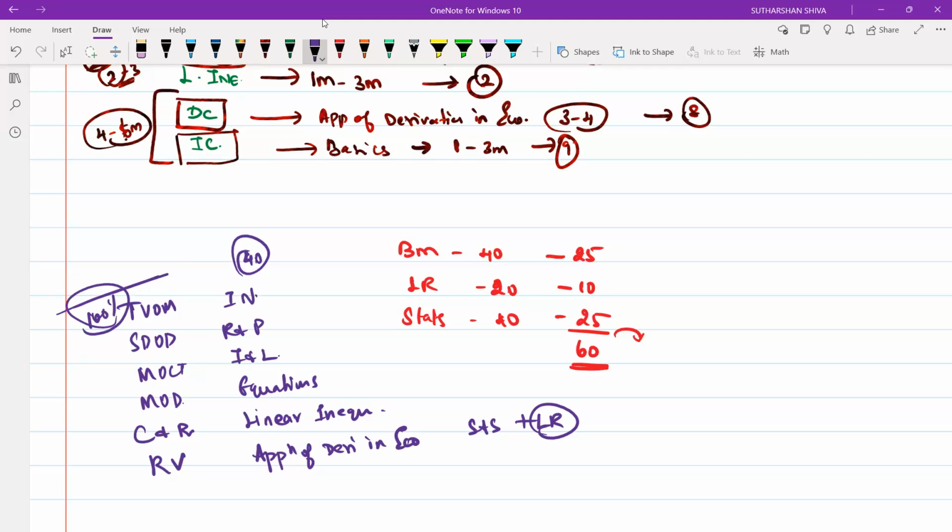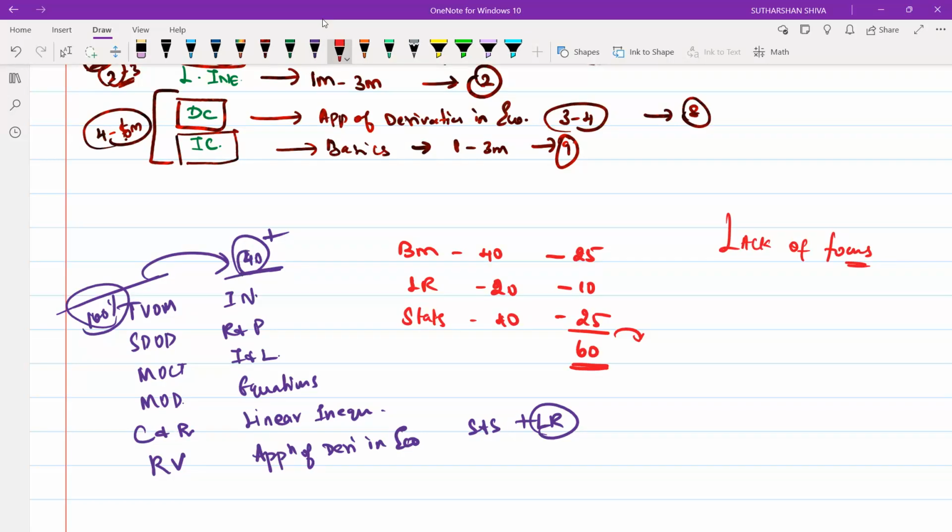If you appear for this exam, everyone can easily get 40. The only thing is lack of focus on the concepts. That's the reason for failure, why you are not able to crack your examination.